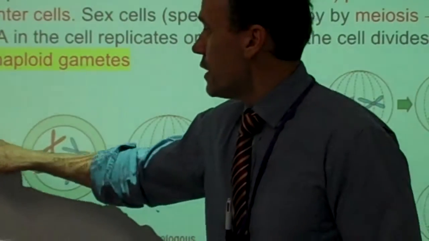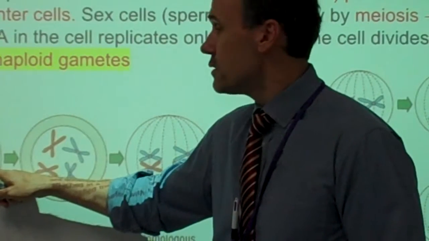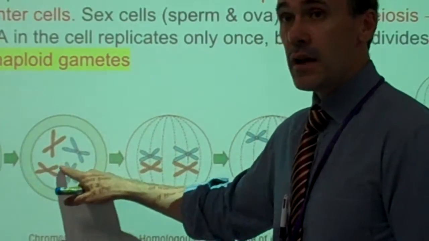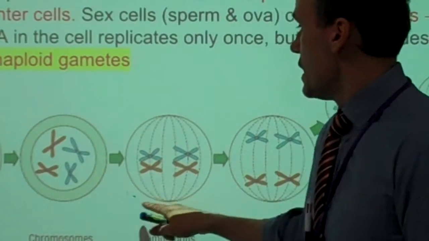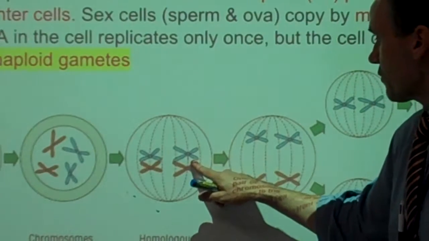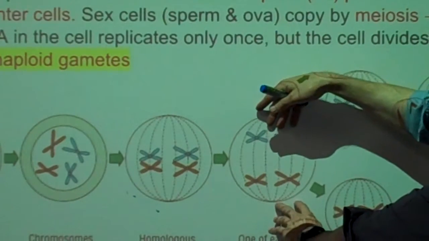So here we have 4 chromosomes to begin with, 2 homologous pairs. The chromosomes are making copies of themselves, but we still only have 4 chromosomes. They're lining up in the centre, and they're being pulled to the ends. Okay.